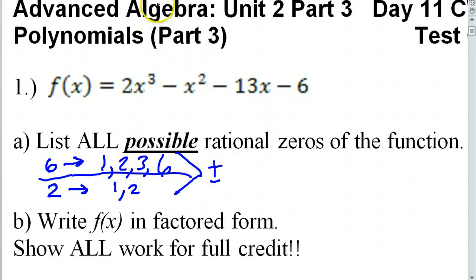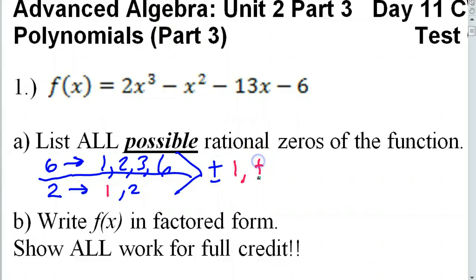So if I take, let me use different colors for a second. If I take all of these and put them over 1, it would be 1 over 1, 2 over 1, 3 over 1. I should be putting plus or minus on all of these. Let me try again.